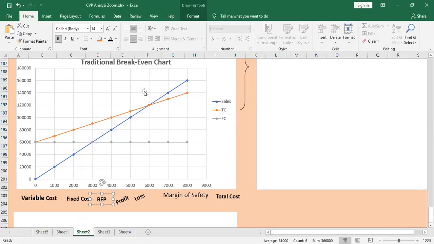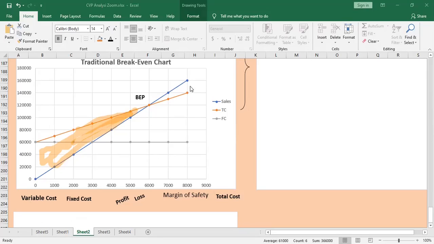No profit, no loss point here, right? That is the break-even point. And this particular area is where you are making losses, right?